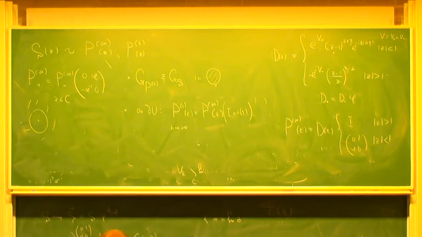F naught. Not because I'm going to do three more steps. F naught of zeta. It is a straight line, just those rays.